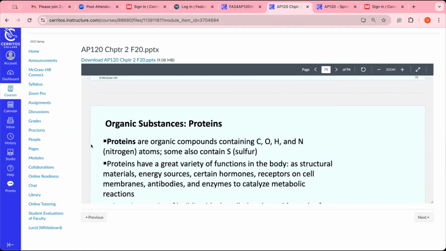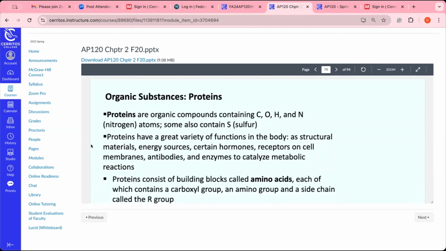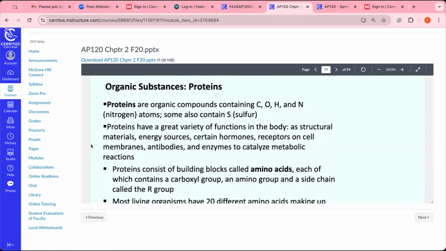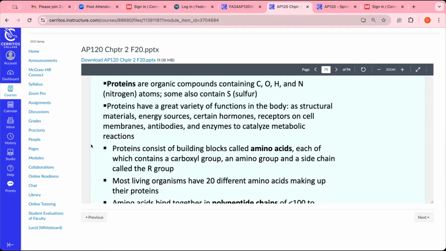Now we have proteins. So what she's doing here is going through the basic types: carbohydrates, fats, proteins. Proteins are organic compounds containing carbon, oxygen, hydrogen, and nitrogen atoms.